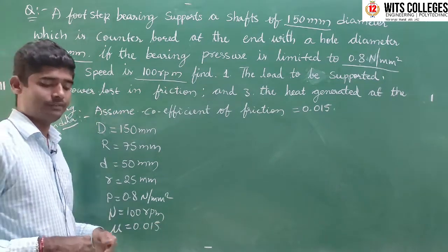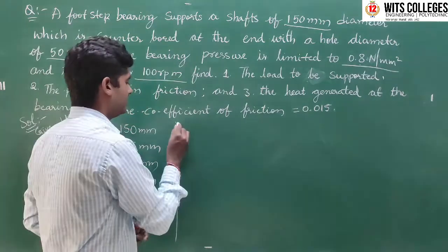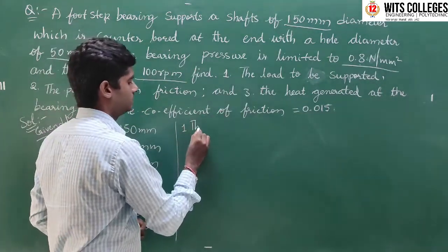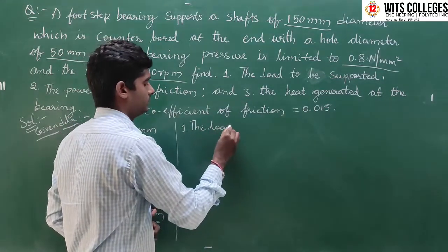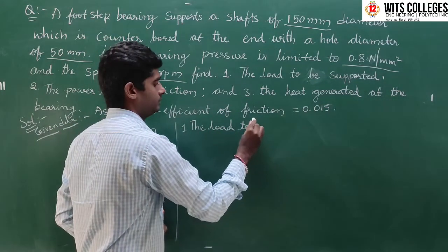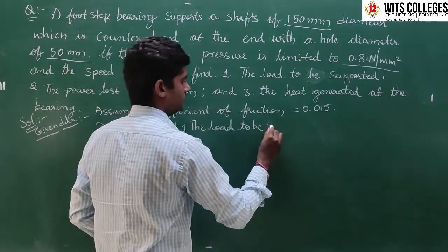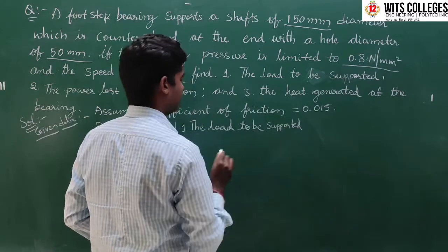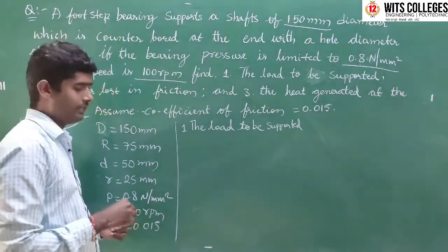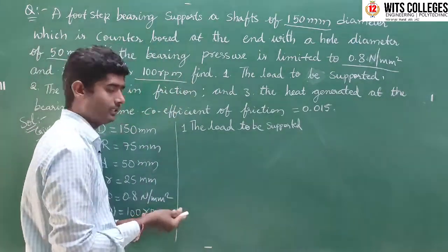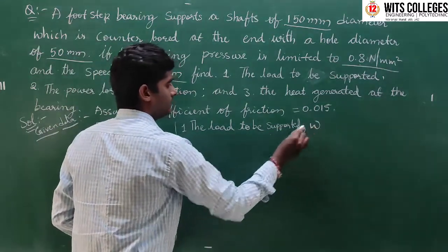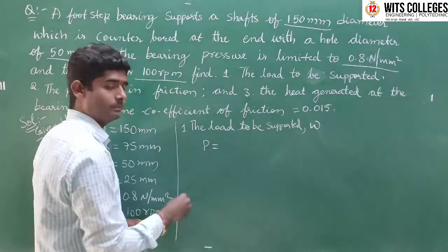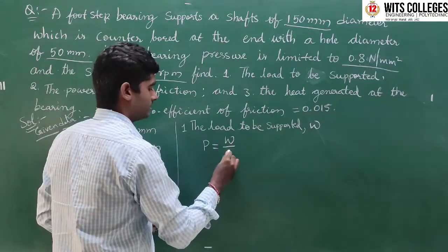Let's find out the first one, the load to be supported. How to find out the load? We know that the load is denoted by W. We have the equation p equals W by area.